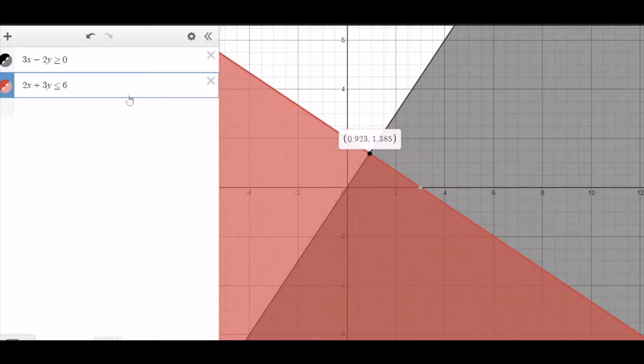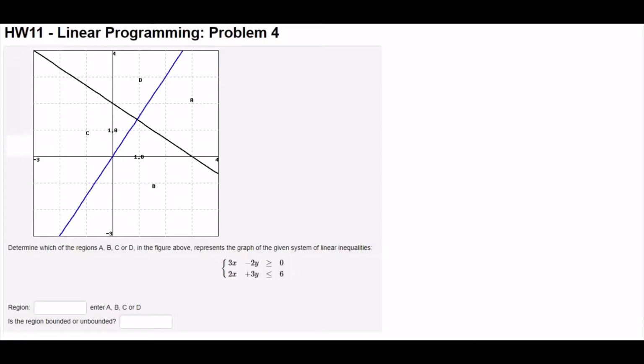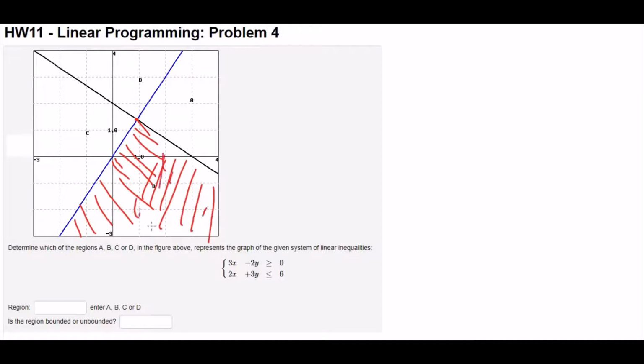So let's simulate it on our system. So it is like this, starting from here, the top, and all this region unboundedly. So the region is unbounded, and the region is on this red area, which is B.